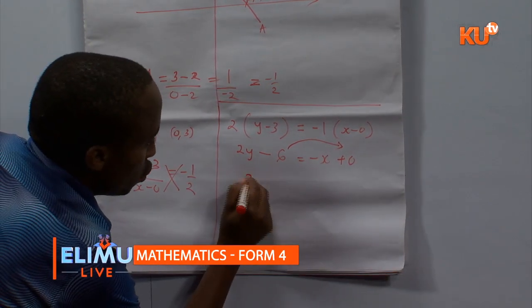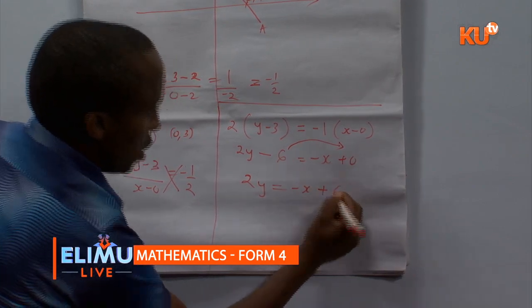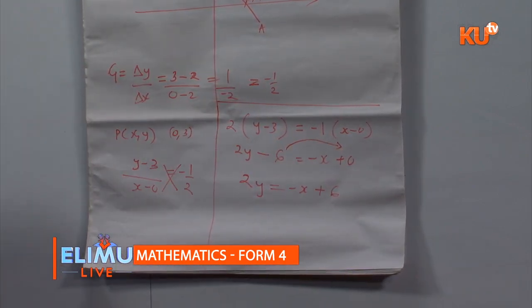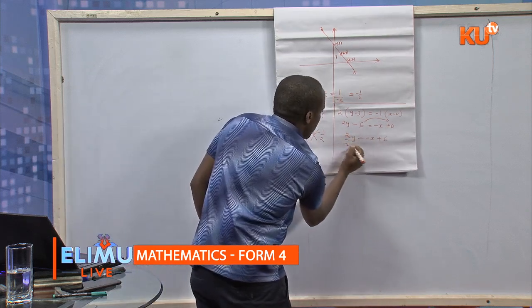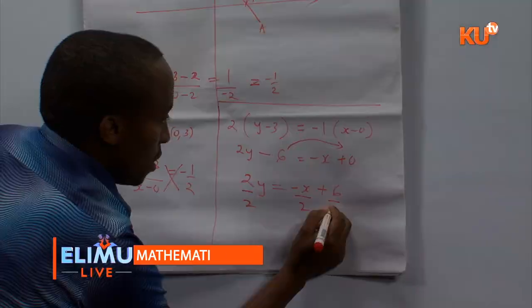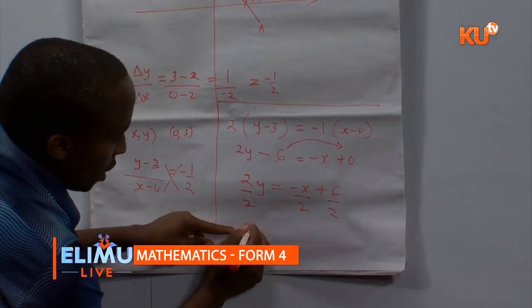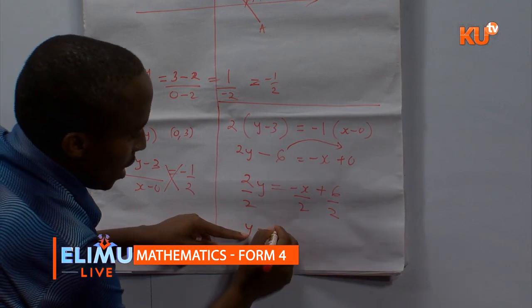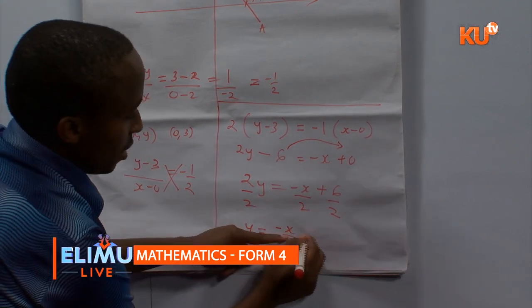So this will be 2y is equals to minus x plus 6. 0 plus 6 is 6. So to make y the subject of the formula, divide by 2, divide by 2, divide by 2. So our y is equals to negative half x plus 3.